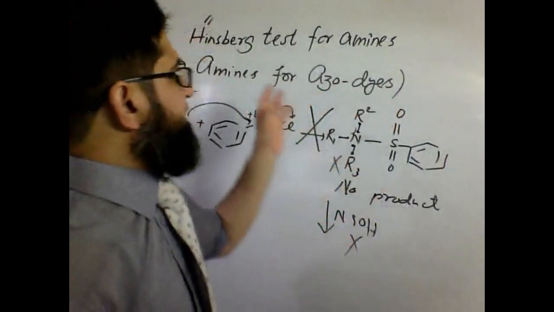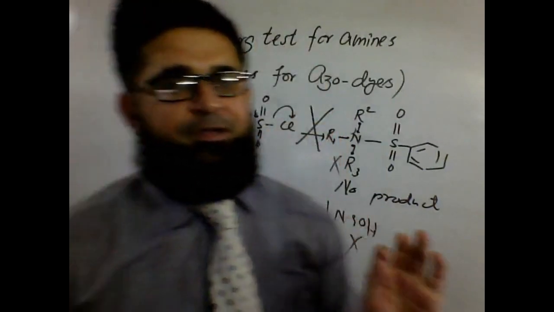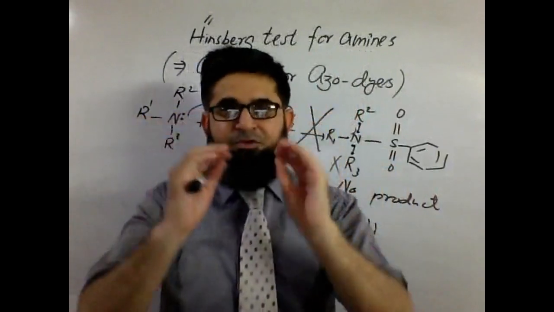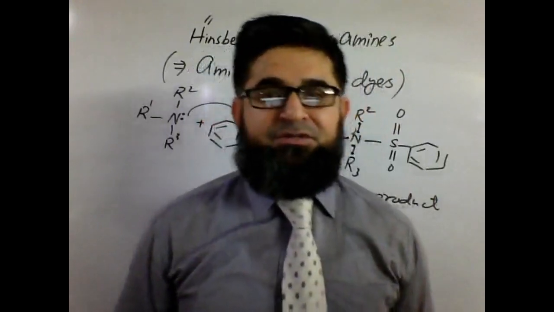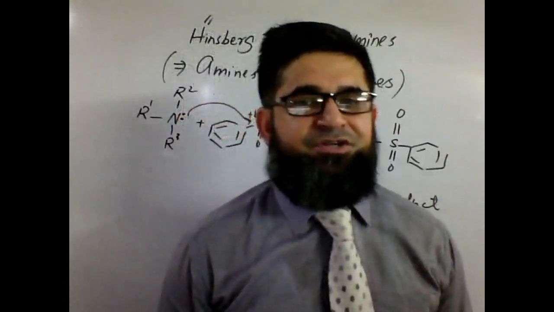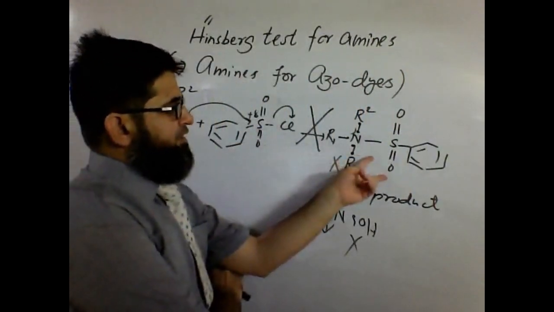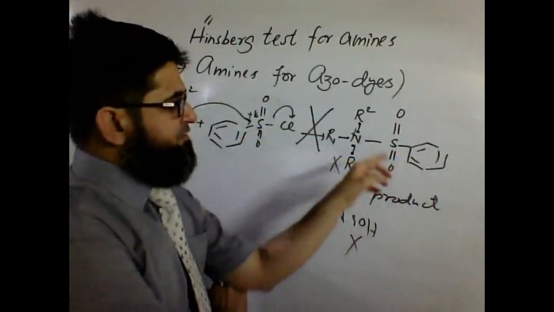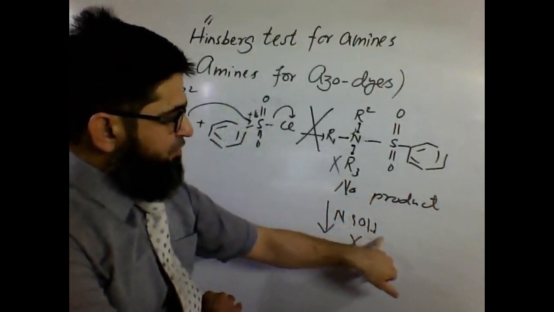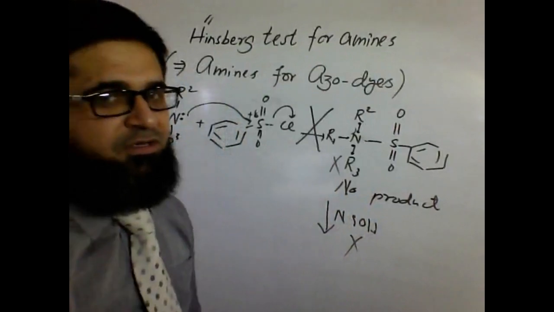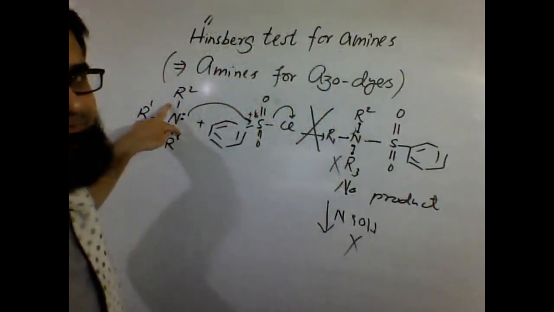So this is the basic test. It's a pretty simple test, the Hinsberg test. It helps you to identify the presence of amine and the nature of amine. The nature means whether it's a primary, secondary, or tertiary amine. I've told you earlier, primary amines and secondary amines produce corresponding sulfonamides. In case of a primary amine, this sulfonamide product carries one proton, which can be abstracted by the hydroxyl group, making it soluble, representing that the given starting compound carries two protons, meaning it's a primary amine.